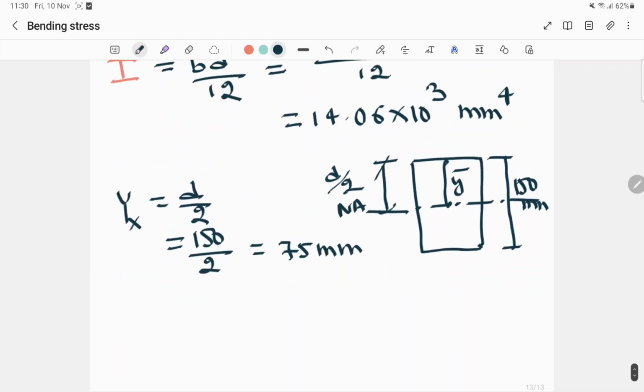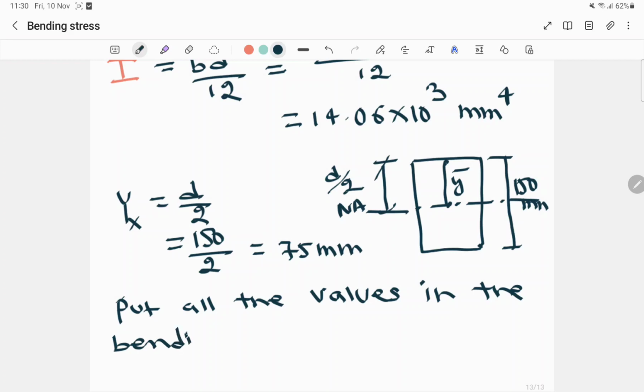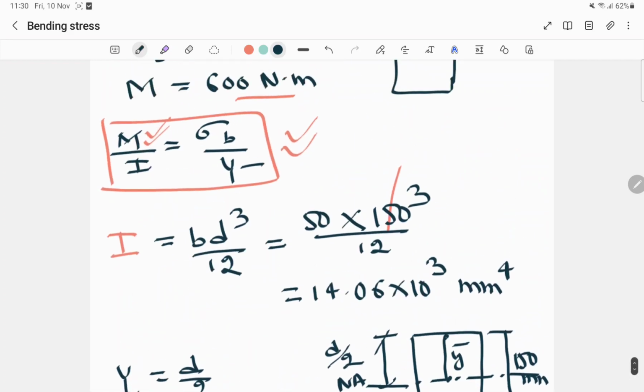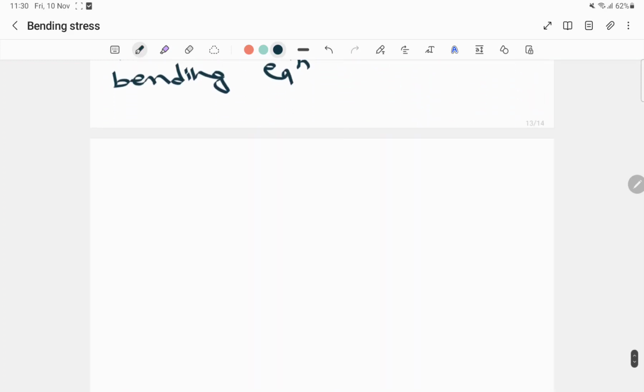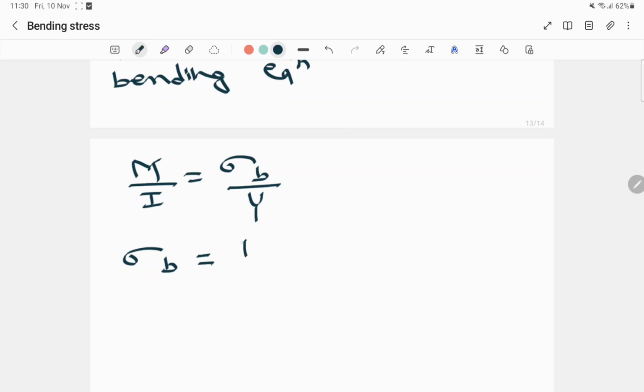Now we just need to put all the values in the bending equation, that is M by I is equal to sigma b upon y. We shift y to the other side, then the equation becomes sigma b is equal to M by I into y.